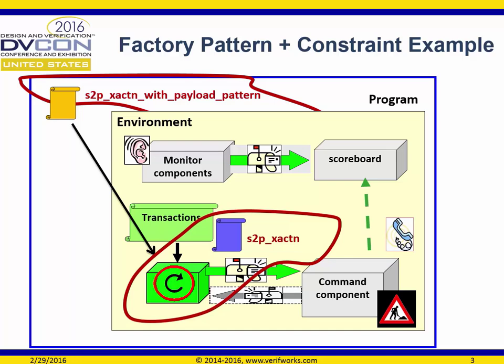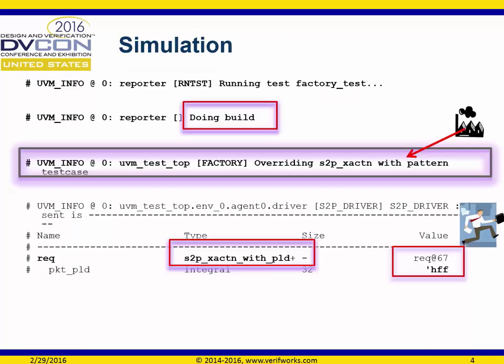You can do some overrides at runtime rather than at compile time, and you can do this somewhere in the middle of the test. So during simulation, when the test for the factory is run, during the build you may have chosen to replace it right at the beginning. So this new S2P transaction with pattern is overriding every instance of S2P transaction throughout the simulation.